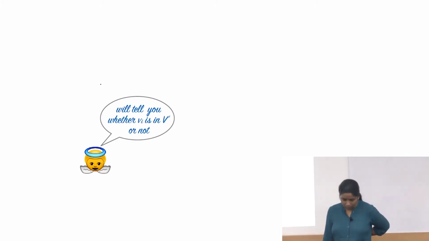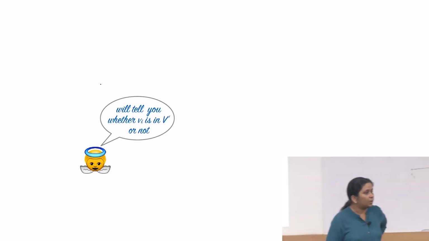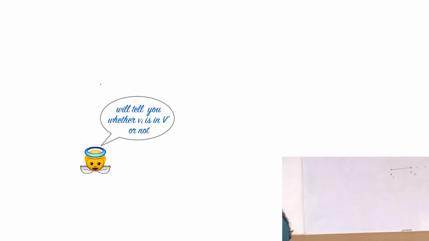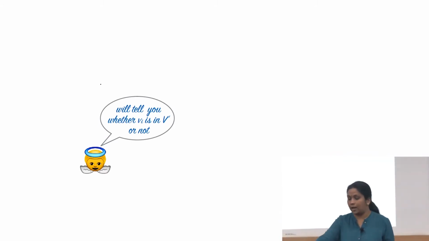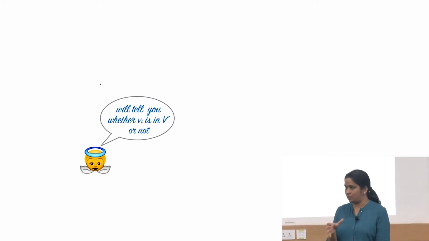Now I have this knowledge whether the last vertex is part of the solution or not. Let's say what the angel has told me is that the last vertex is not part of the solution. Your maximum independent set till Vi does not contain Vi. So what can I say about the solution? Can I solve it now?